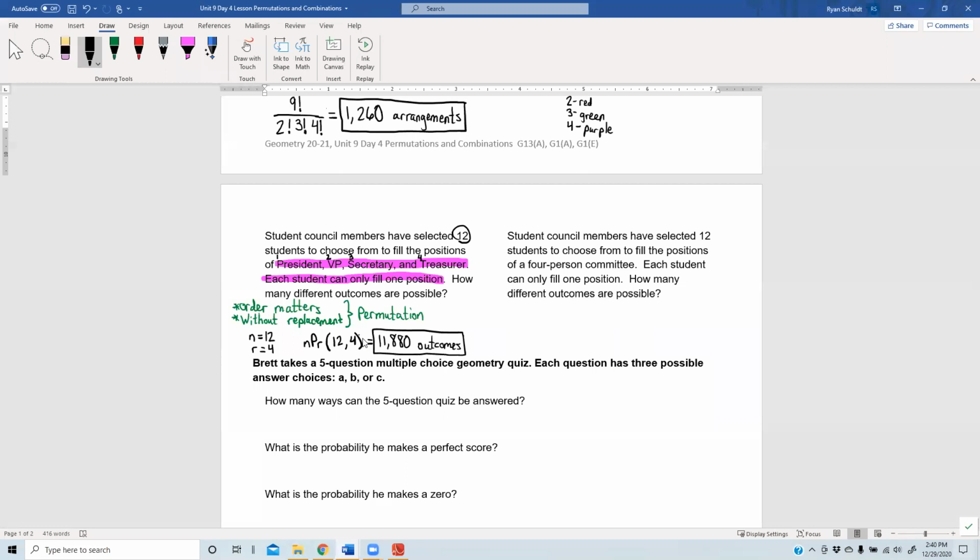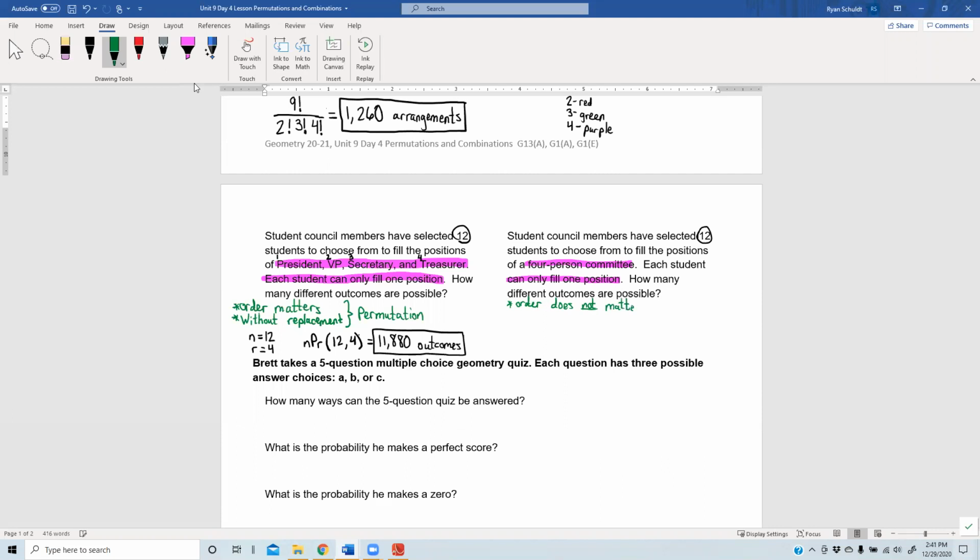Now let's switch gears. Now they're still picking from 12 students, but this time we're just doing a 4-person committee. And again, each student can only fill 1 position. So now, order does not matter. It's a committee.